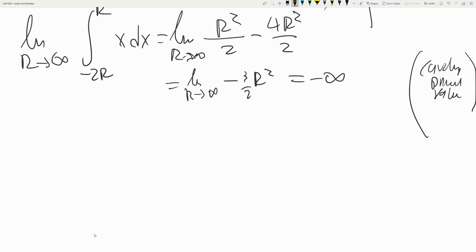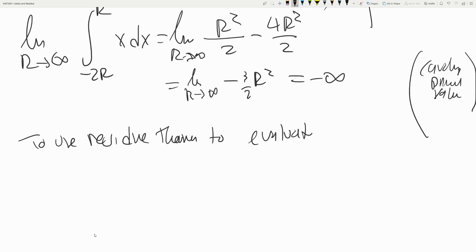Now to use the residue theorem to evaluate star, we have to move into complex.